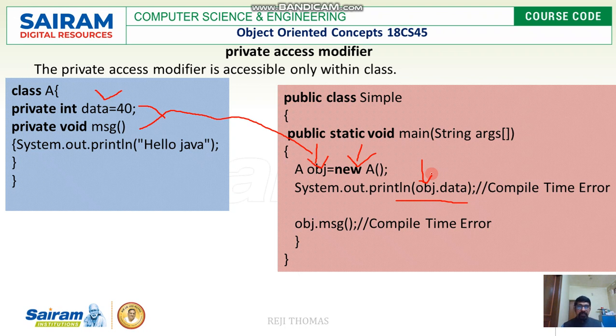Why? Because if any member is private, whether a data member, method, or constructor, it can be used only within the class. So within these two braces, we can access it.